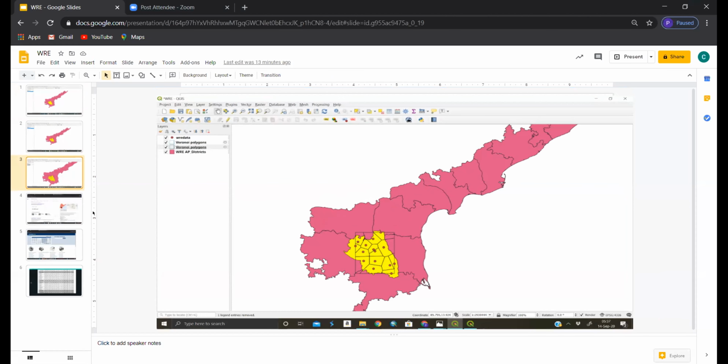Sir, I have taken Kadapa, and I have plotted a few points in the area. I've done the area calculation. What I got is 14,926 square kilometers, but the actual one is 15,359.